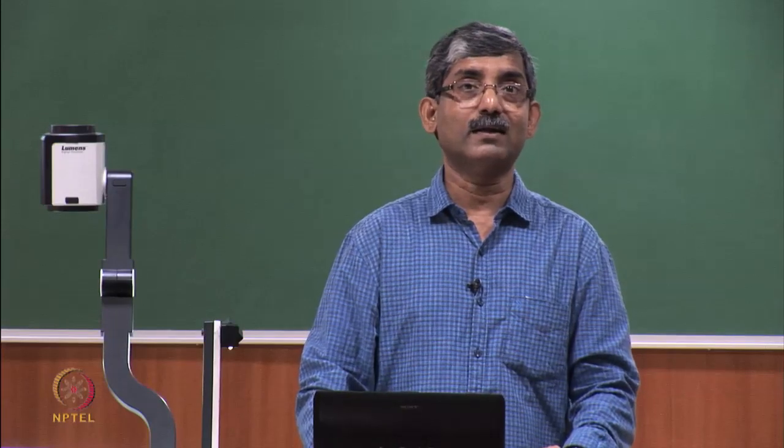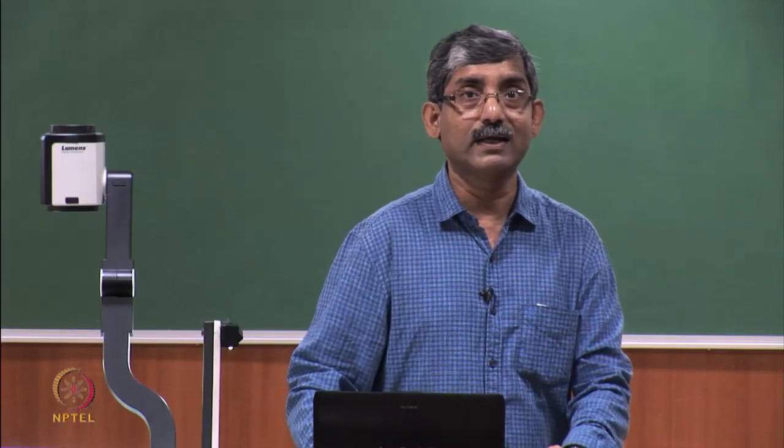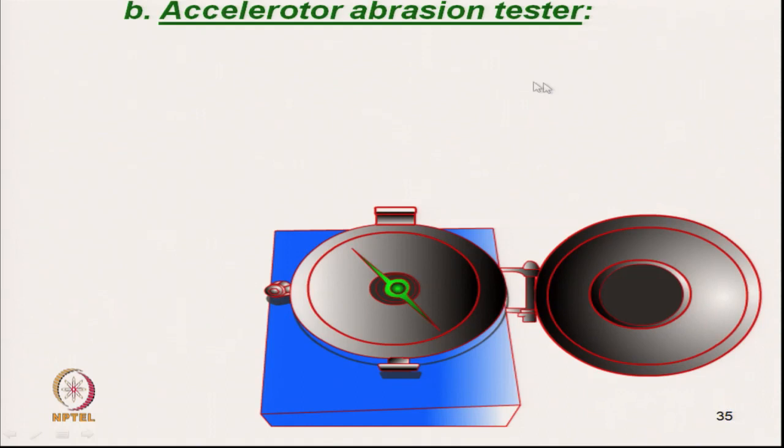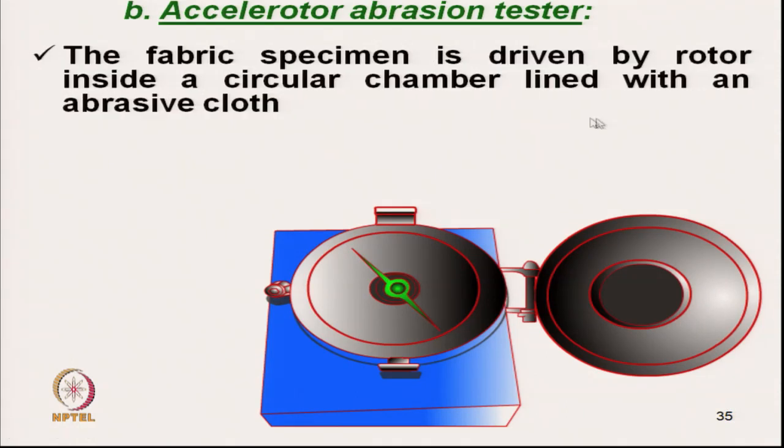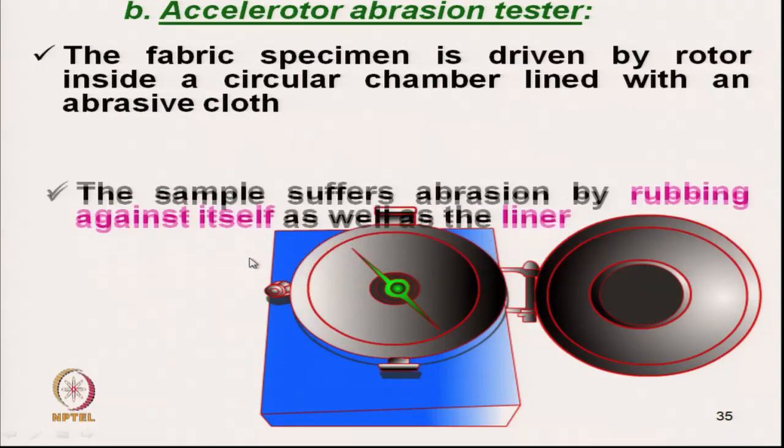lateral movement. Another measurement technique is called the accelerator test, where the fabric specimen is driven by a rotor inside a circular chamber, lined with an abrasive cloth. This is the rotor, and after that we cut the sample.